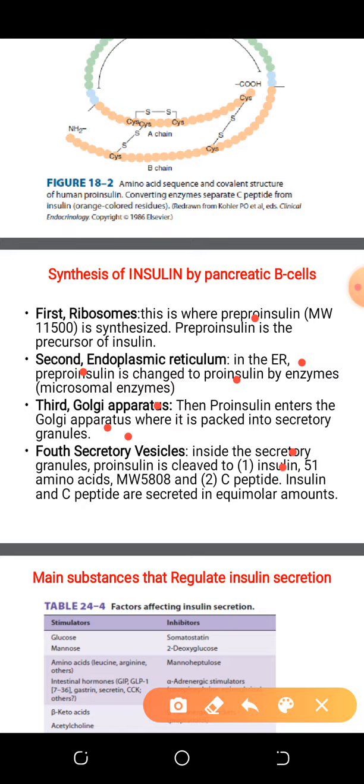It's important to note that the insulin and the C-peptide are secreted in equimolar amounts. So if you can measure C-peptide in a patient, it's the same as knowing the amount of insulin being secreted. That's why we mean that they are secreted in equimolar amounts. Being a protein, it follows the general synthesis of proteins.